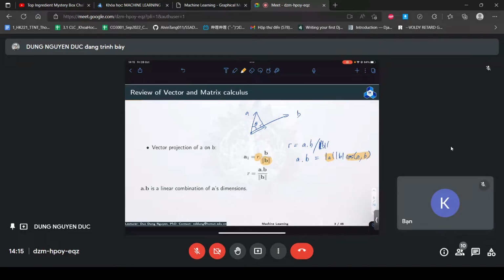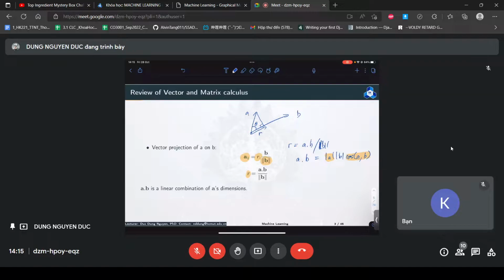And so it turns out that A1 is a projection equal to the dot product divided by the length of B. Oh, sorry, that is R. R is the length, so this is R. R is actually the dot product divided by B, the length.